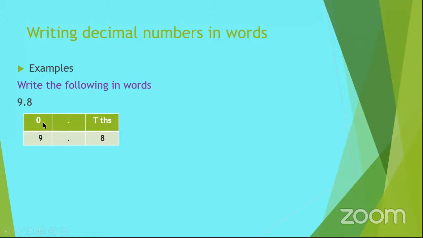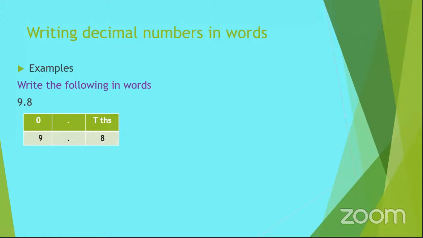For the decimal point, this is replaced by the word and. We don't write it again as point. This time around, when we are writing in words, we write it as and. So what we do, you write 9 the way it is. 9 point becomes and. 8, you write the word 8.